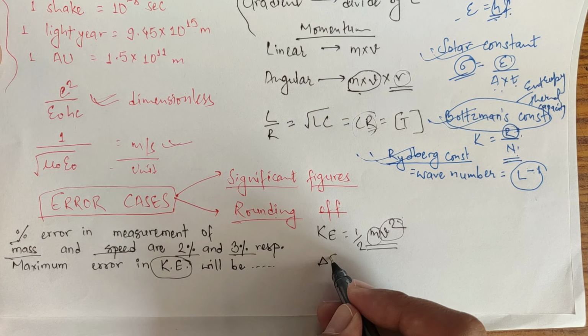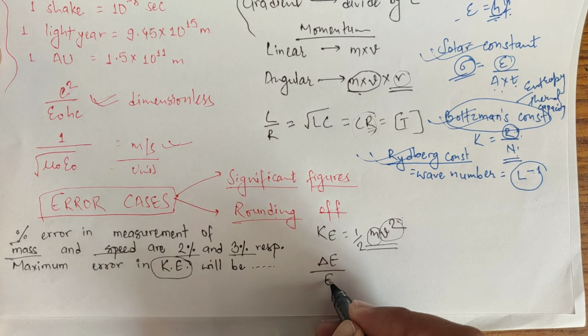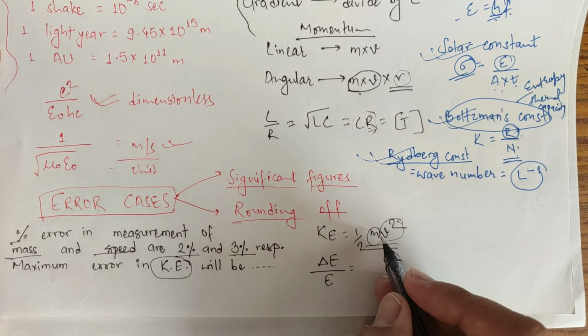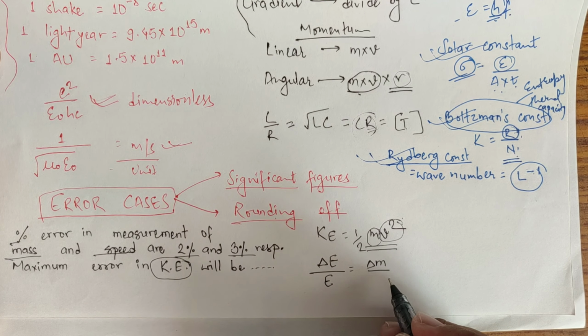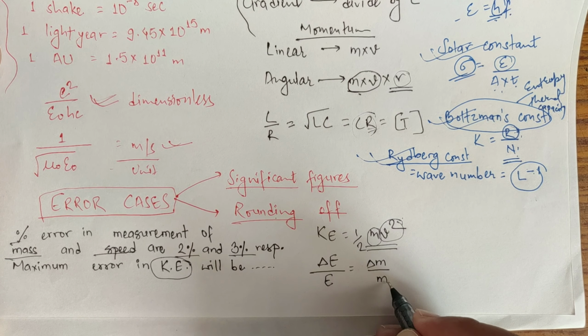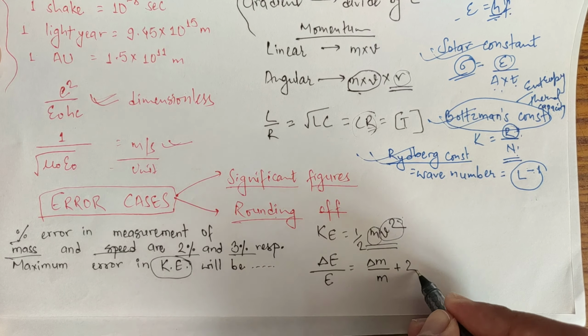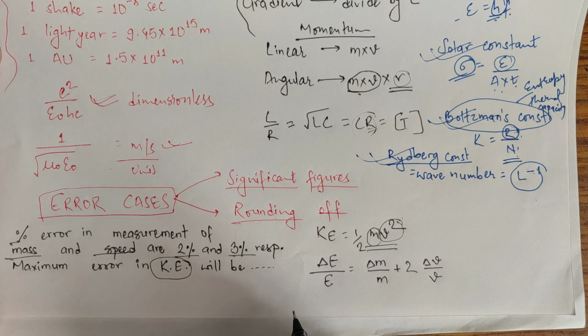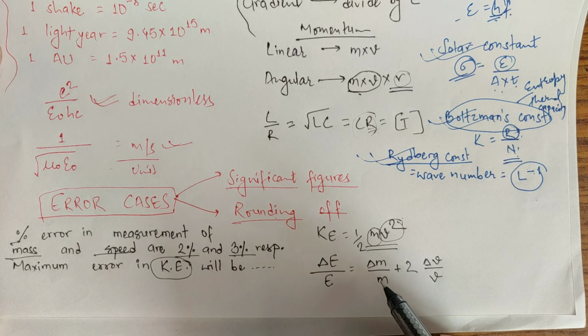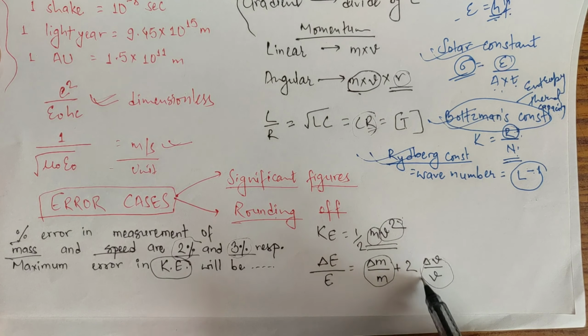change in energy by energy is equal to change in mass by m plus power multiplied by change in V by V. From here we found that change in m is 2% and change in V is 3%.